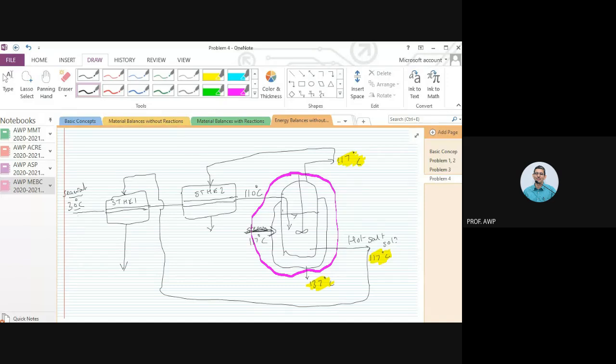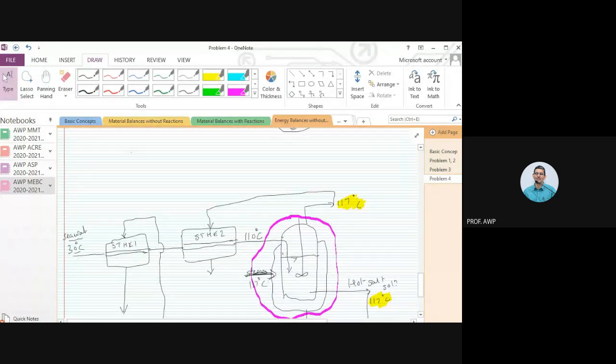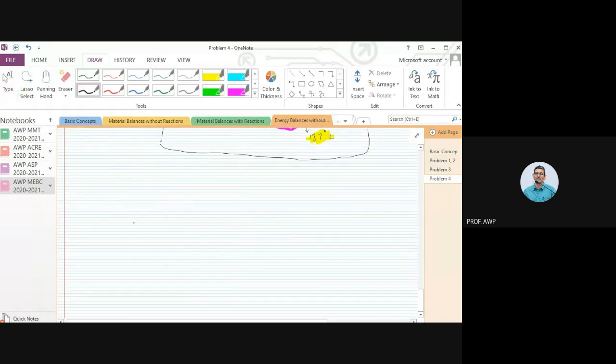So now this is our option 3 possibly. What have I done?